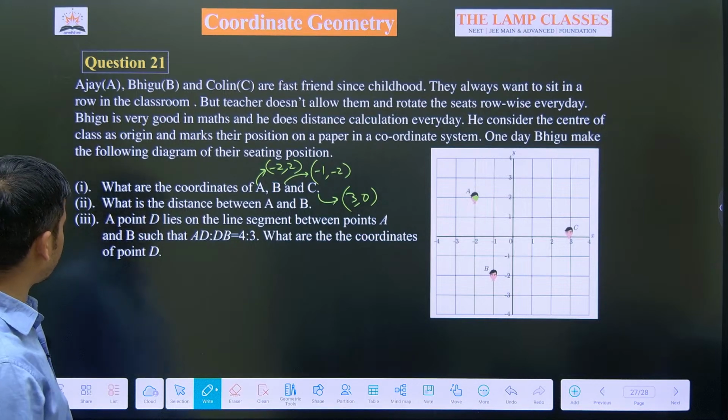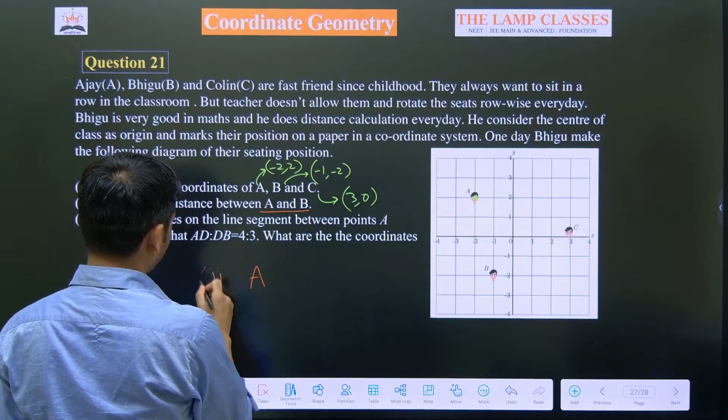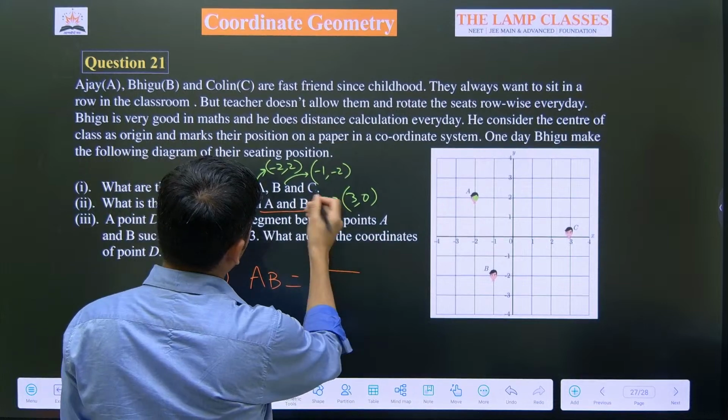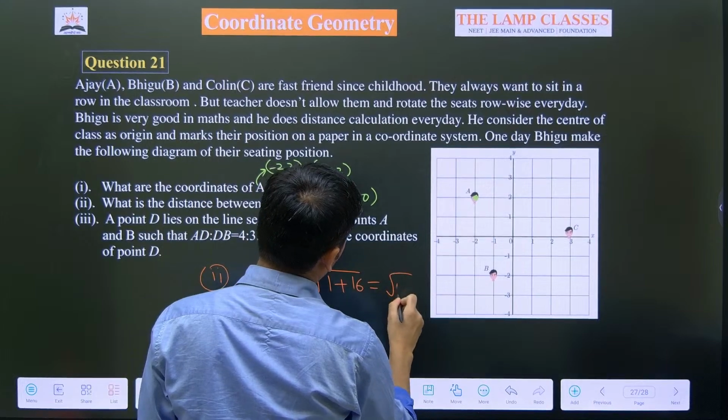First part is such an easy part, right? Distance between A and B. A second part of the question, AB, root under 1 plus 4 square 16. Are you all getting root 17?